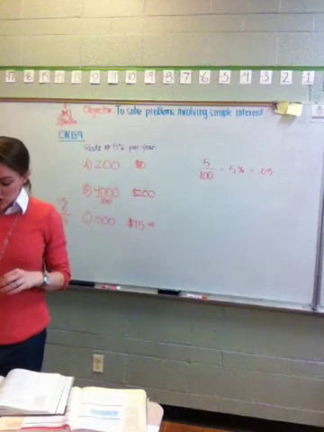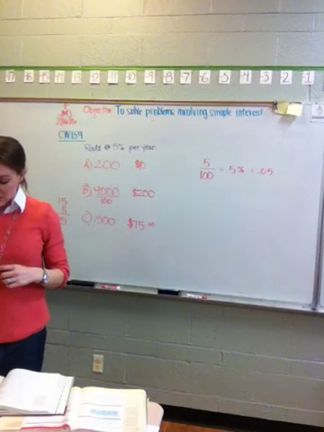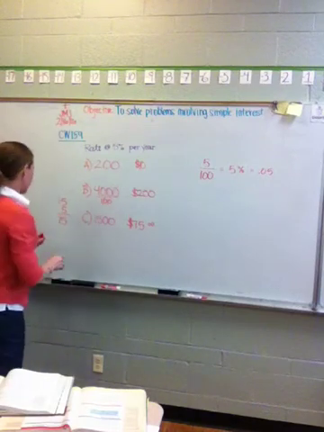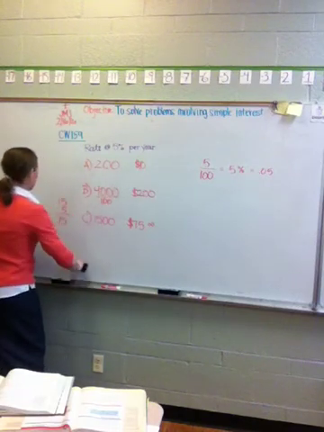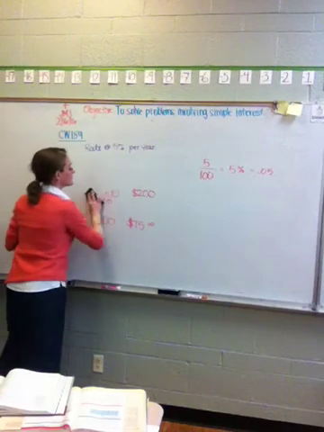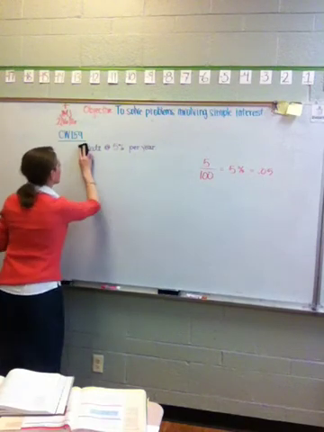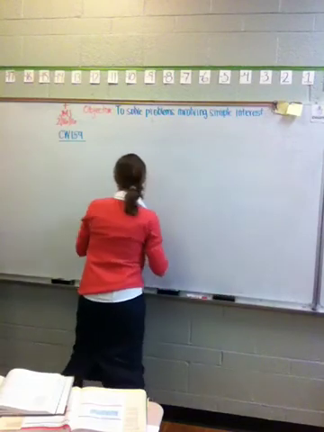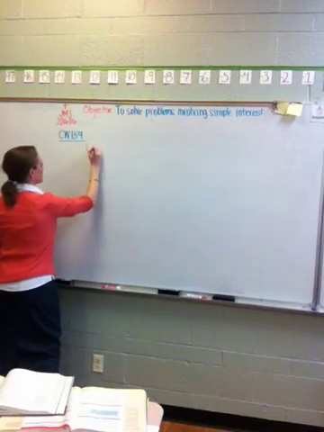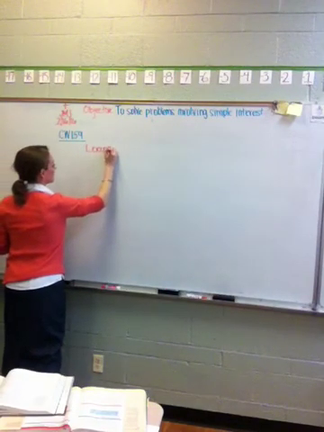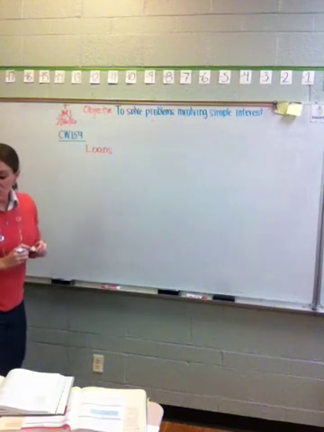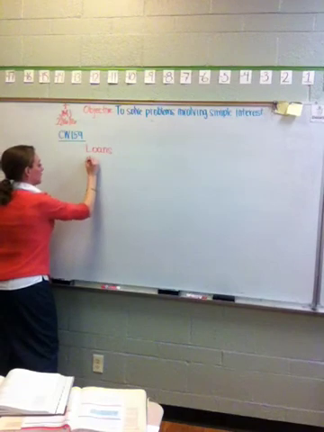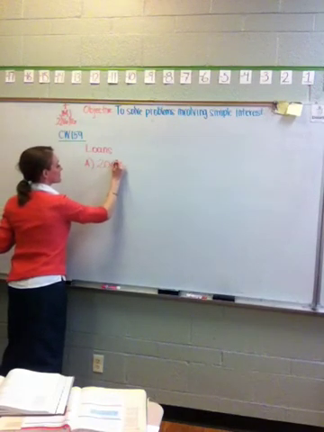Alright, a bank charges an annual rate of 16% on loans. Find the interest charged for each of the following loans. So let's do this. We've got loans. A, you borrow $2,000.